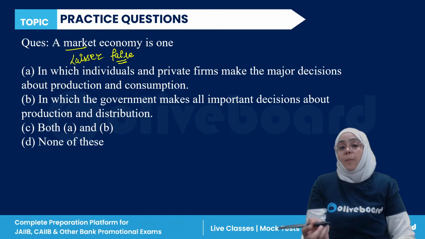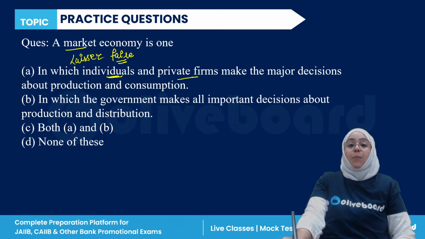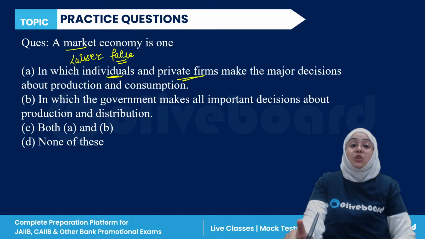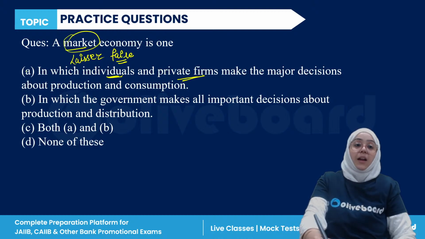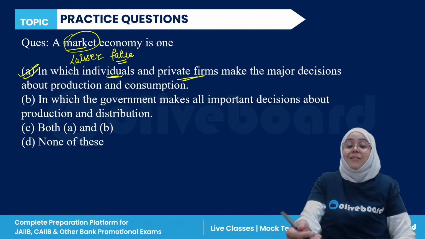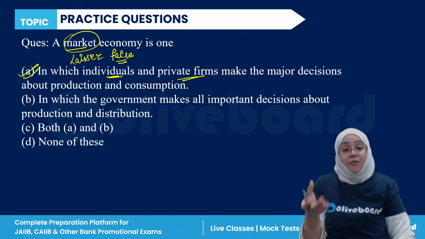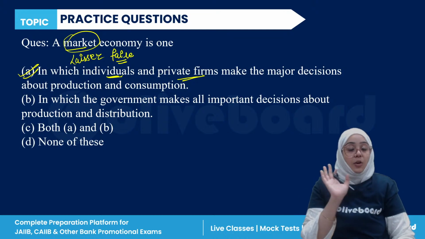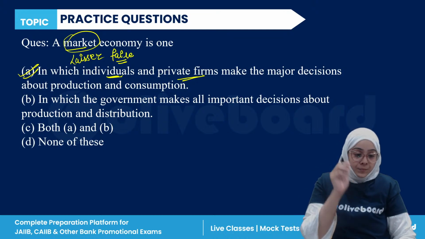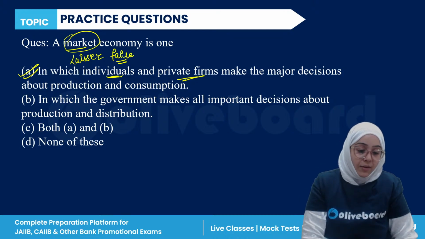So all those economies where individual and private firms take the major decisions about production and consumption are called the market economy, or you can also say the capitalist economy, or the word laissez-faire is associated with this economy. Clear? Done? Done, everyone?